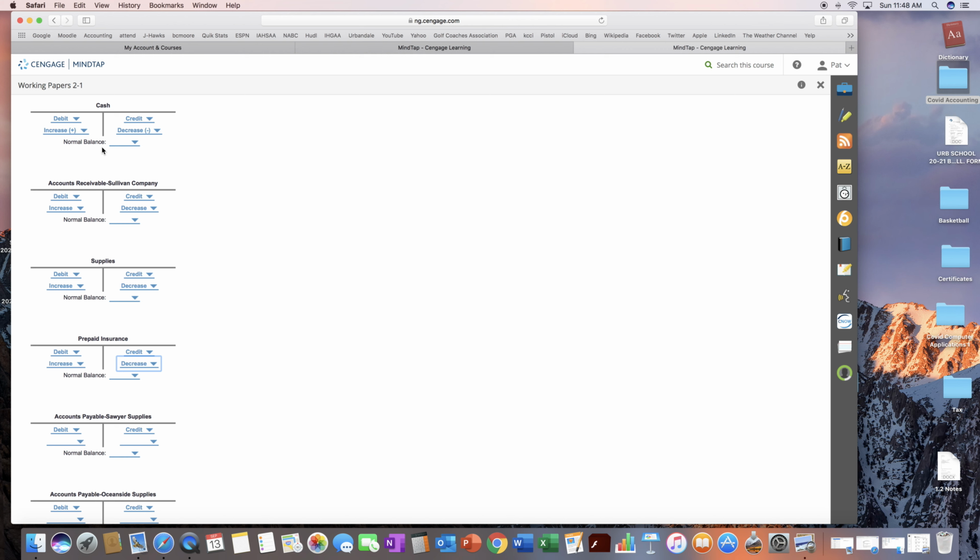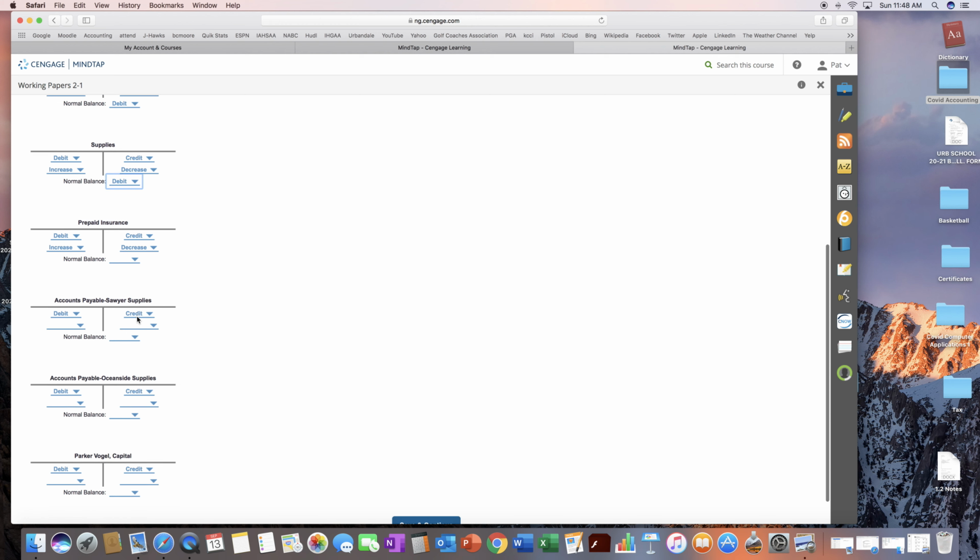Now, normal balance. What does normal balance mean? Normal balance basically just means the side that increases. So the normal balance of cash is a debit. Normal balance is a synonym for the increase side. If you have an increase, that means that's the side that's normal.